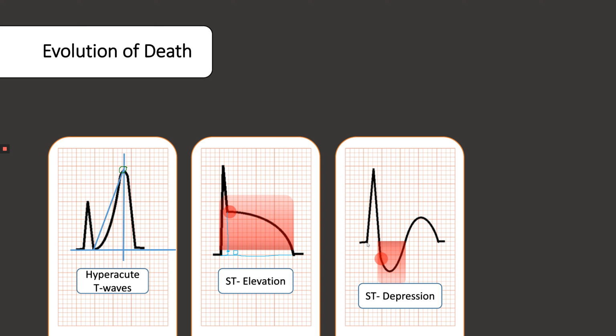There's no hard number here. It's not like 1 block, 2 blocks, whatever. It's just my isoelectric line. If the J point is below said line, then I have ST depression. And it may even look something like this, where you do not have a very clear and defined J point.